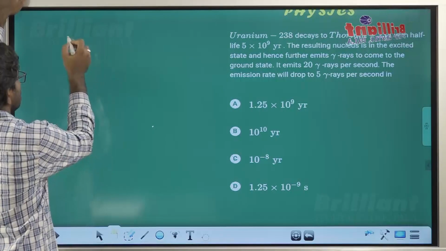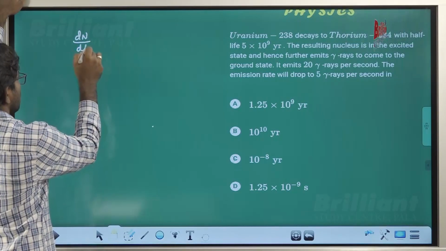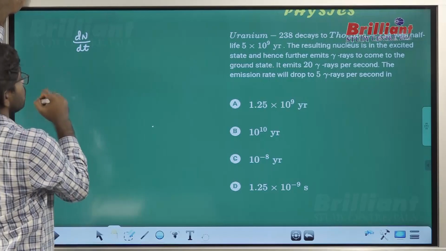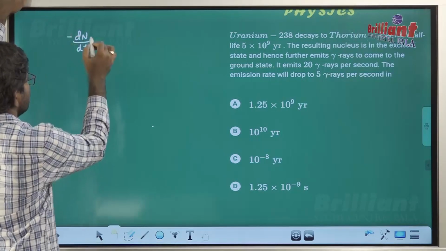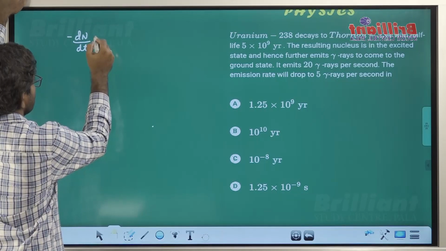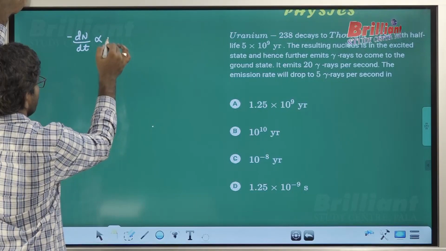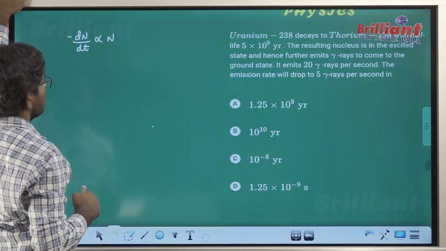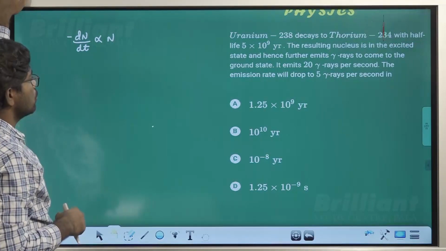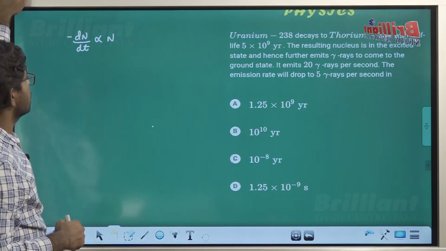Generally in case of decay, the rate of disintegration, minus dN by dt, is proportional to N, where N is the number of nuclei.